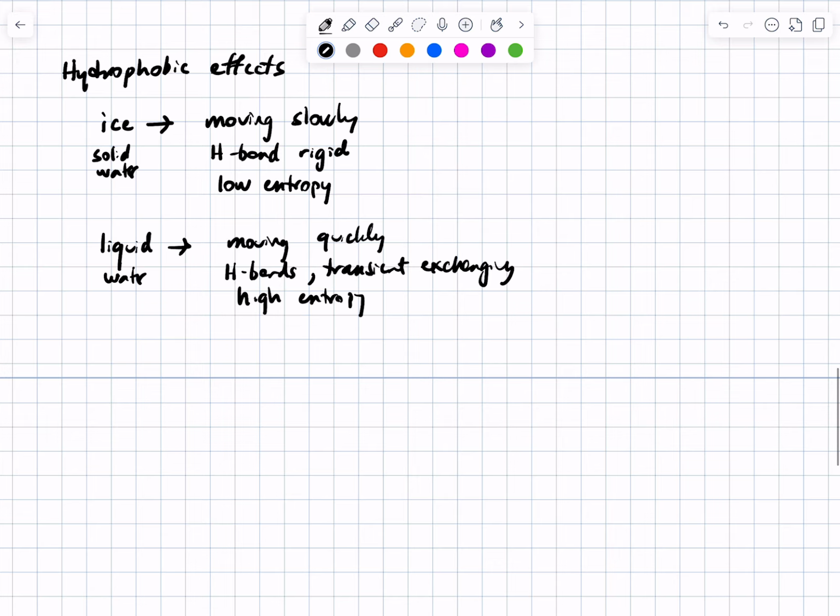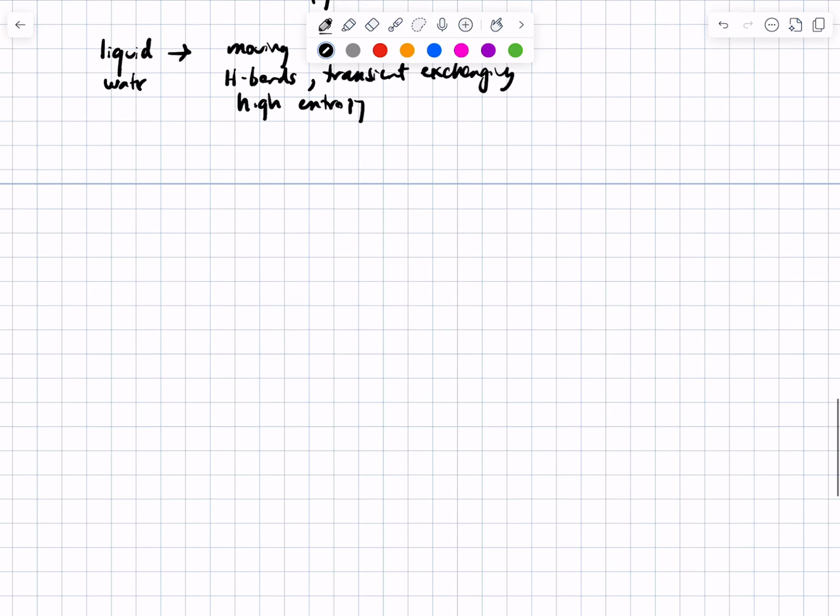Now let's imagine what would happen if a triglyceride dissolved in water. You can sometimes understand why things don't happen by considering what if they did and examining whether or not that would be energetically favorable. You will see that dissolving a triglyceride in water is not energetically favorable for a reason that will become clear to you.